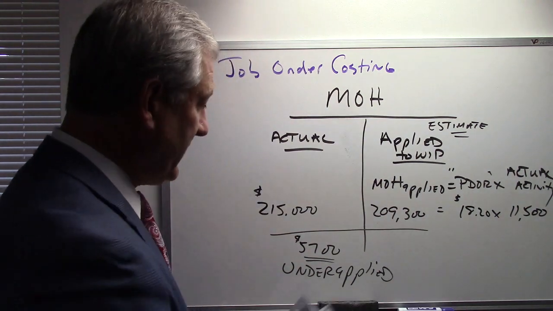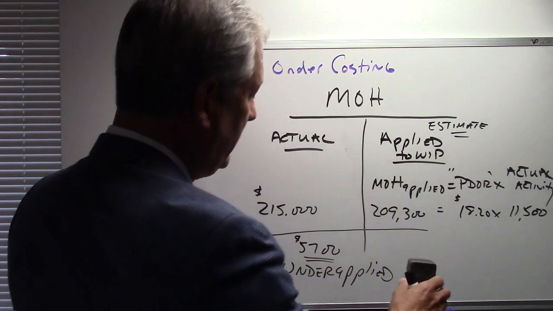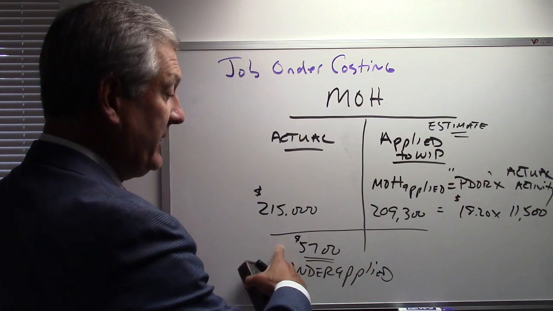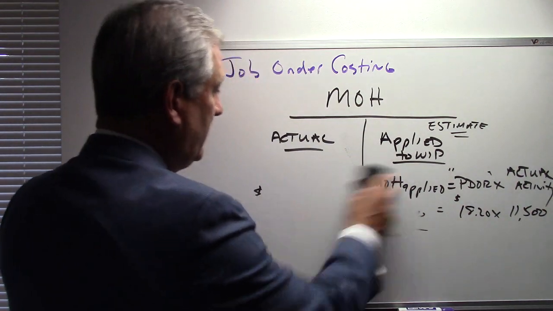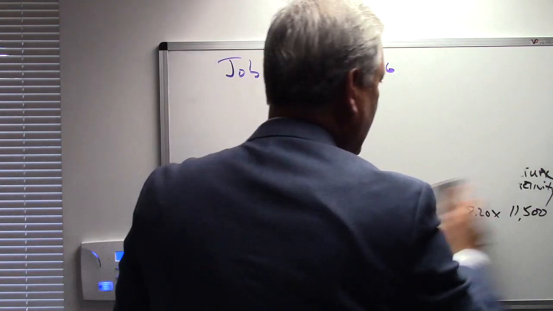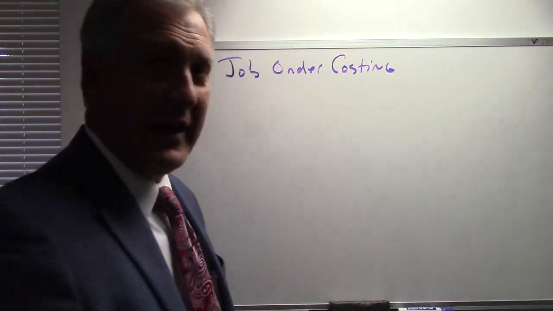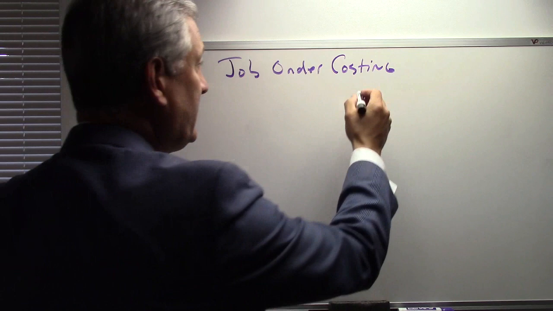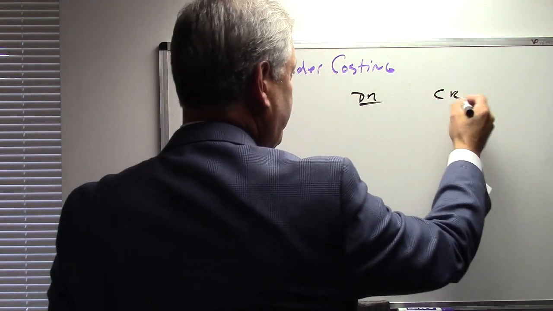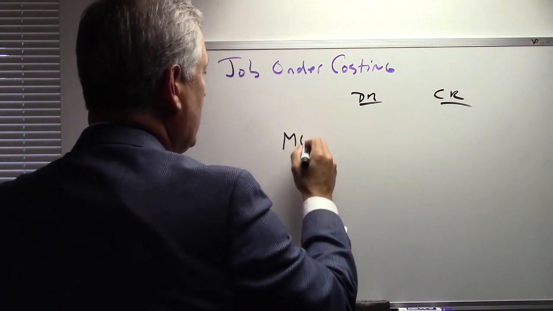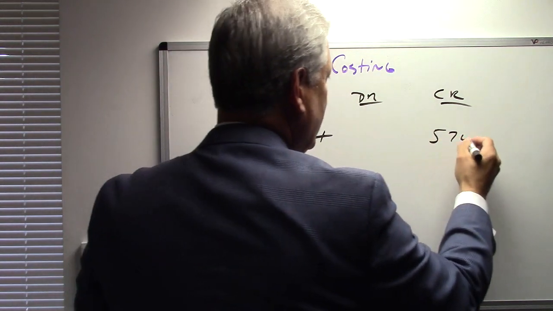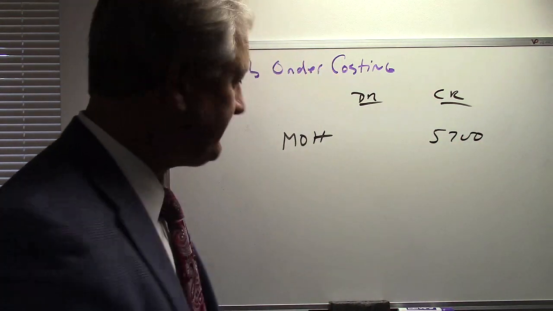So the journal entry here, and you have a net debit here, right? Our journal entry to resolve, we have to bring manufacturing overhead to zero. So we're going to debit and a credit. We're going to credit manufacturing overhead for $5,700 to bring it to zero.